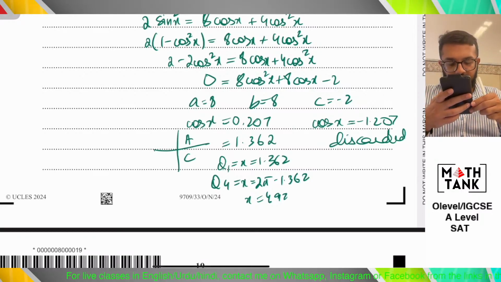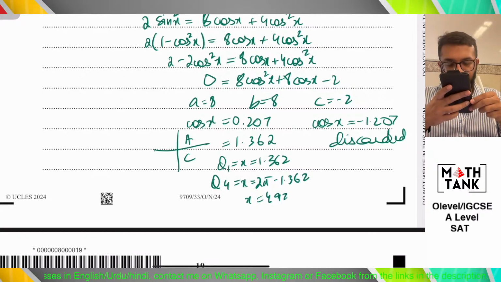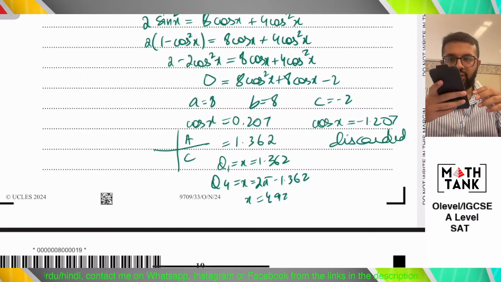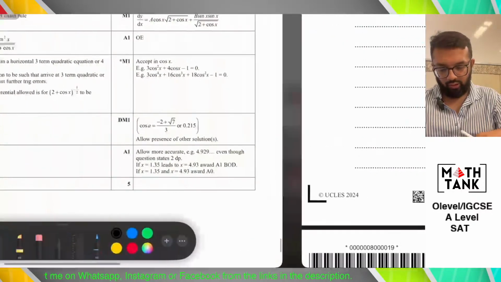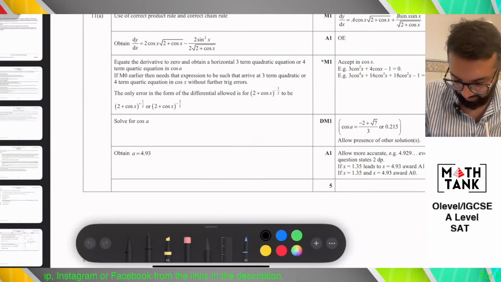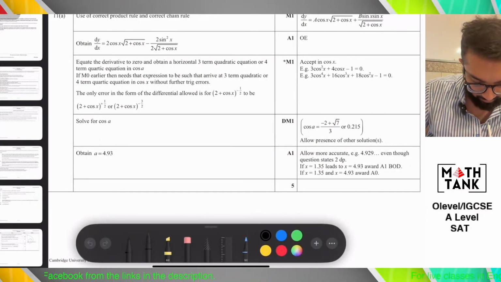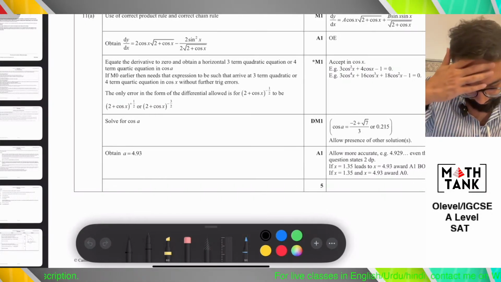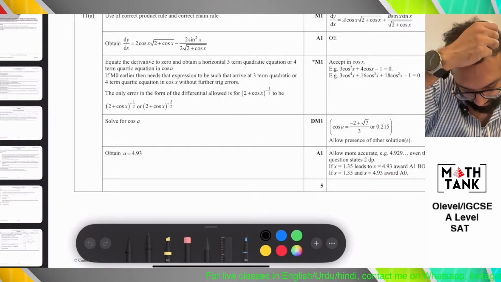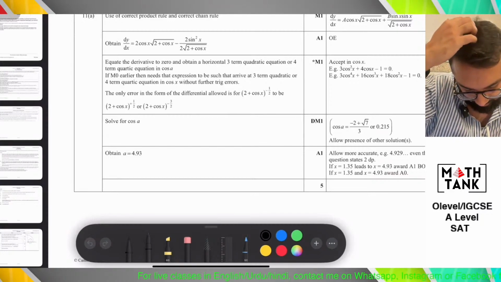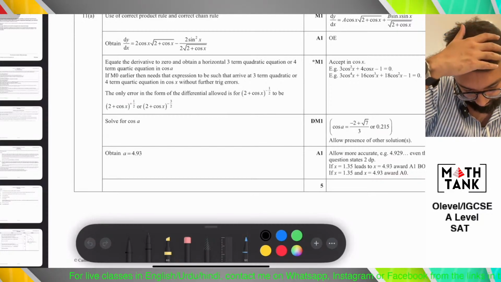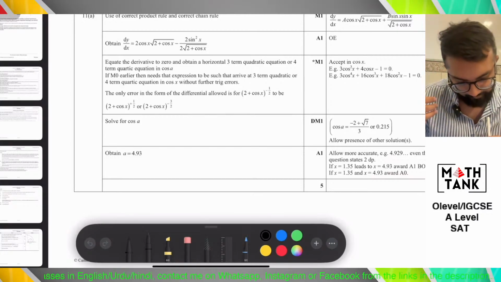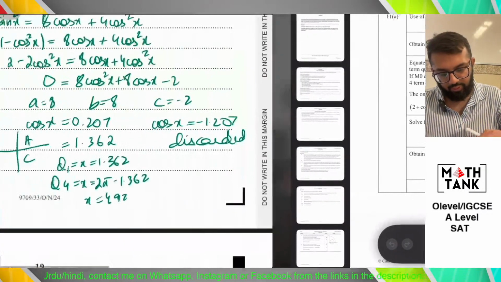I don't know, I'm still getting 4.92. In any case, I will have to check at what point it becomes different.